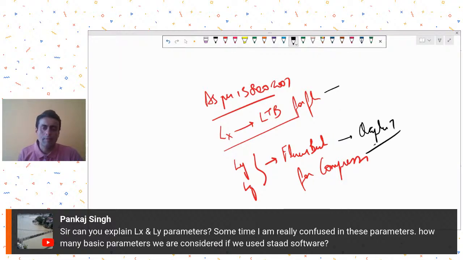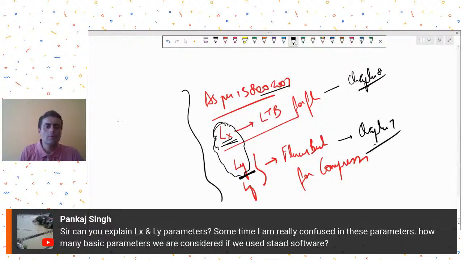And this LX parameter that you define is used for LTB calculation, lateral torsional buckling length calculation for flexure, as per chapter 8 of IS 800 2007, I am saying. So how to define it, and in which case, how to understand this, I would suggest you to watch some YouTube videos, or as I just said, you could perhaps have a look at our basic course in steel design, where we have discussed this in a lot of detail. Now, usually this LX and LY parameter numerically are the same. So whatever LY you give, it is the same value for LX also that you have to give, usually speaking.